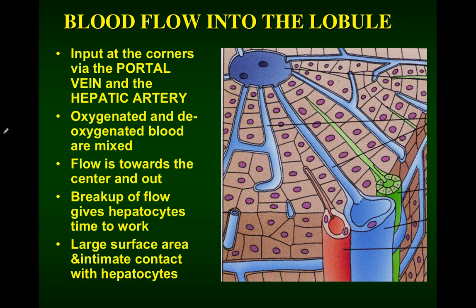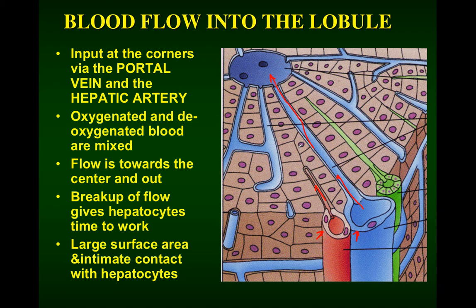For the blood flow, we have branches of the hepatic artery and the portal vein, and their blood will go directly into the sinusoid from the periphery toward the central vein.